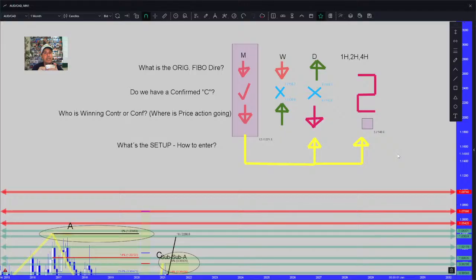Because on the weekly, the contrarian is winning, the market's making higher highs, higher lows, and on the daily, the original Fibonacci is up, it's not down. And welcome to my world, the world of Fibonacci trading, which is not that difficult, I'm telling you.